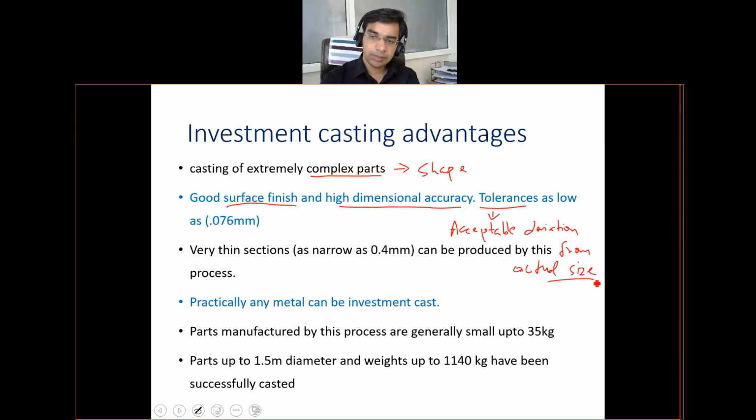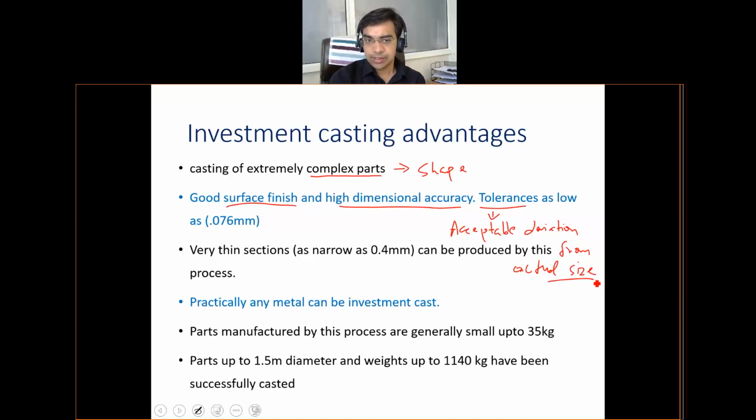Because no manufacturing process can give you exactly the same value of dimensions. There will always be slight variation in the dimensions. So there is an acceptable range which is defined for all these dimensions on different manufacturing processes, and this acceptable deviation is known as the tolerances. And in the case of the investment casting process, these tolerances are very, very low.